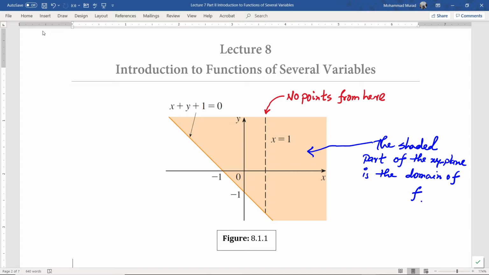So, the shaded part of the xy plane is the domain of f, excluding the points on the dotted line given by the equation x equals 1.